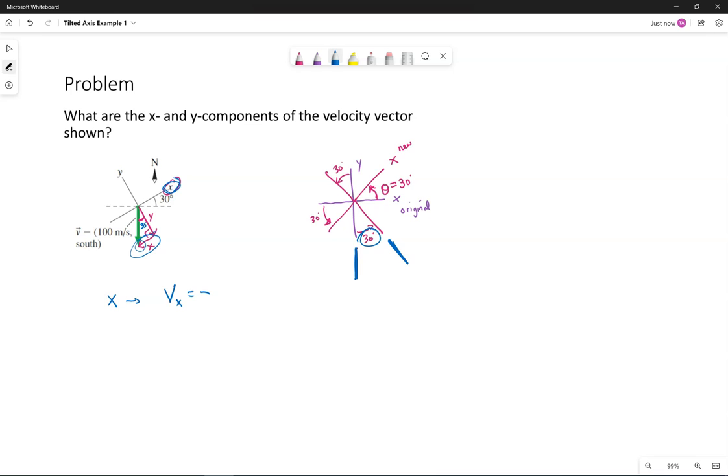When we know we have a right triangle, like we do, we've intentionally drawn it that way, we can use sine of theta, cosine theta. So this x side is opposite the 30 degrees. So I would say sine of 30 degrees is equal to the x side over the hypotenuse, which in this case is 100 meters per second. So solving for that, I can ultimately say the x component of this velocity is negative 100 sine 30.